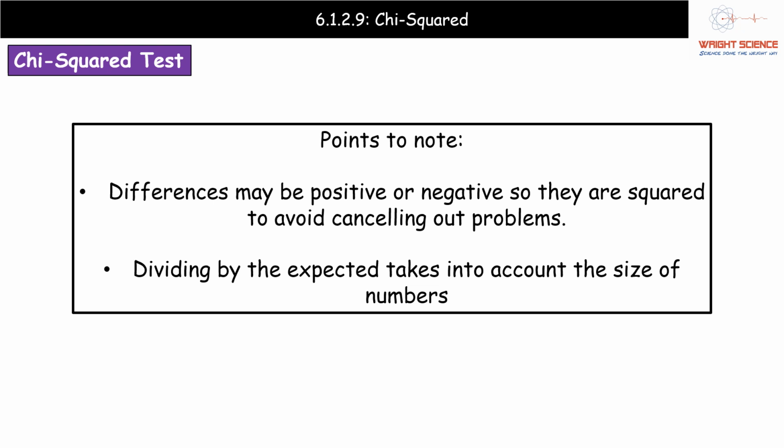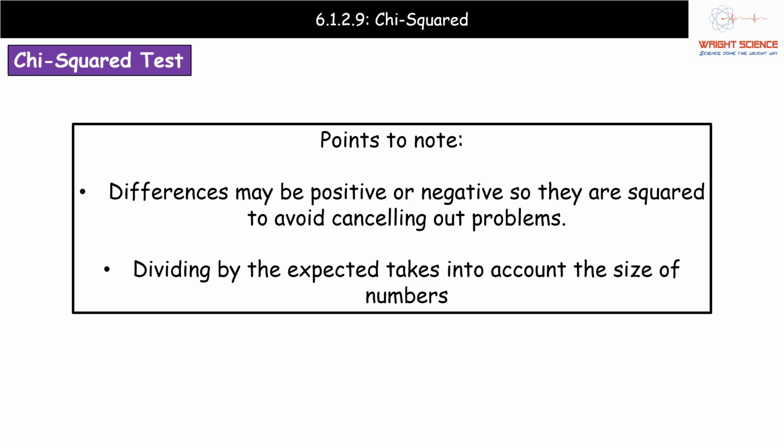So before we delve into an actual example of how we calculate this then, a couple of little points to note here. Those differences that we have between the observed and the expected could be positive or they could be negative. So what we do is we actually square it, as you can see in that formula, because otherwise when we start to create a sum of this, we're going to have some positive, some negative, and it's then going to create some issues for us.